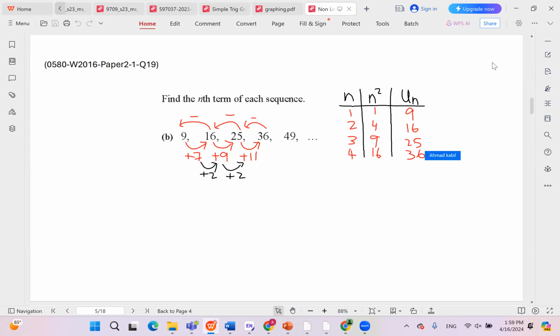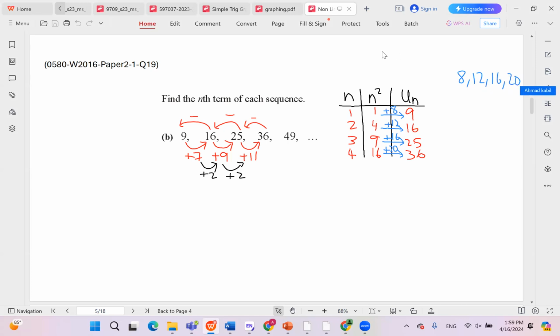Now we want to figure again the relation between n power 2 and un. So 1 plus 8, 4 plus 12, 9 plus 16, and 16 plus 20. So the sequence that describes the relationship is going to be 8, 12, 16, and 20.